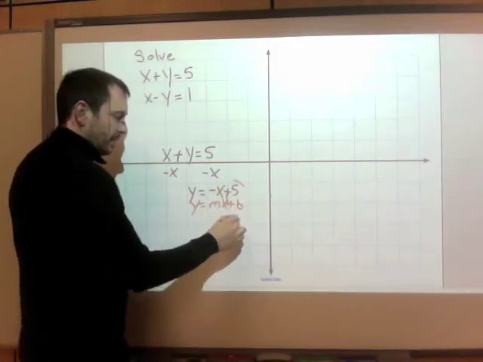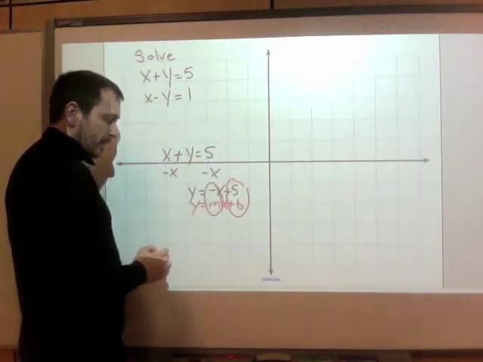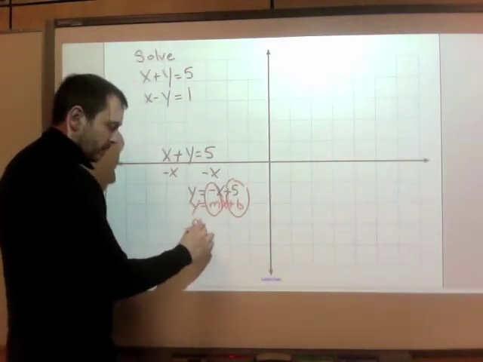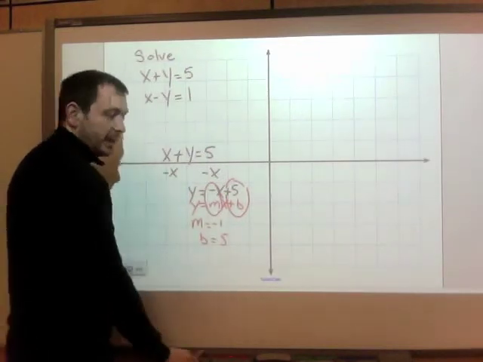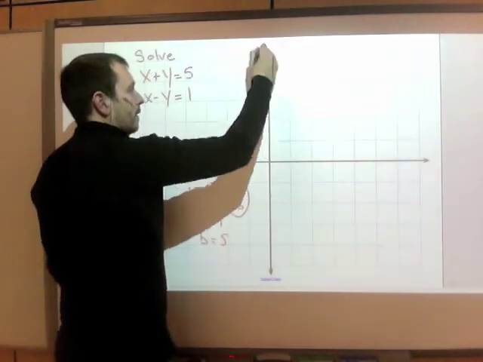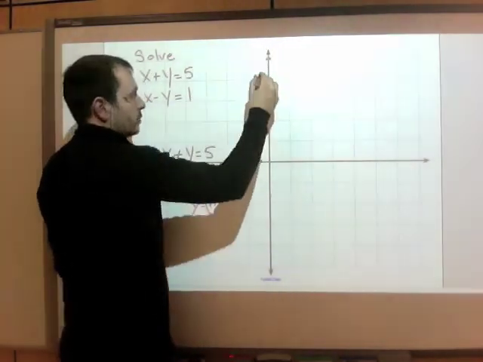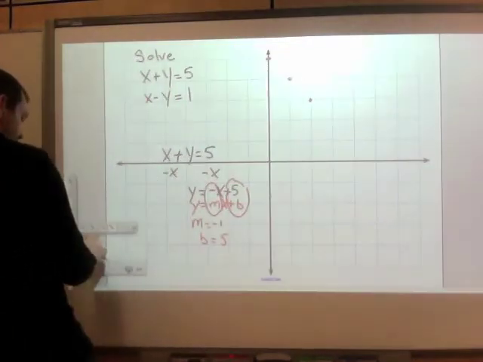My intercept is 5. My slope is negative 1. That's something I can graph easily. My intercept is at 5, my slope is negative 1, so it's going down 1 over 1, down 1 over 1. I'm going to connect those up now.